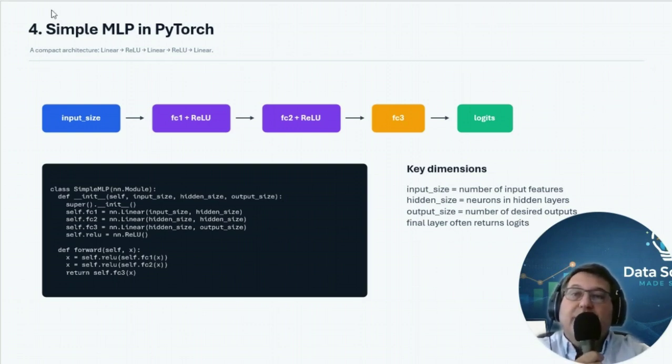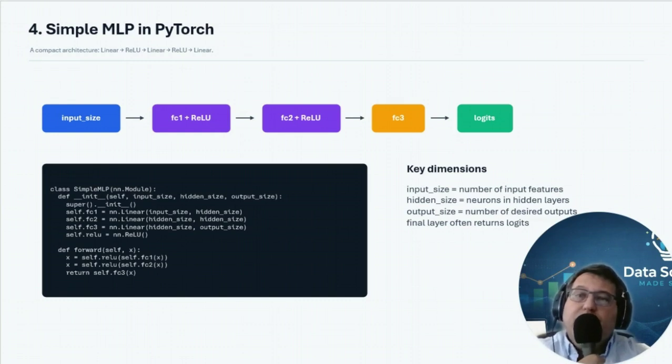Next, we pass that representation through the second fully connected layer and apply ReLU again. So h2 equals ReLU of W2 h1 plus b2. Finally, we pass the result through the output layer.